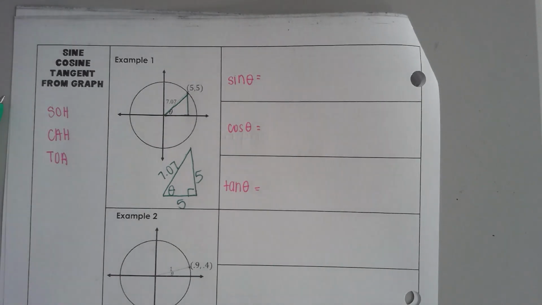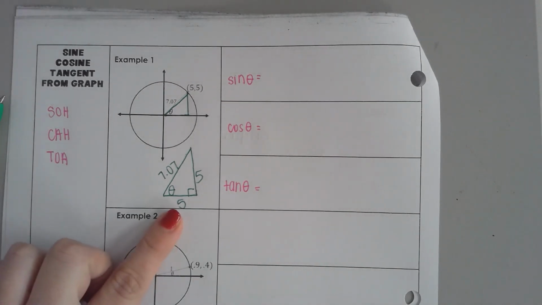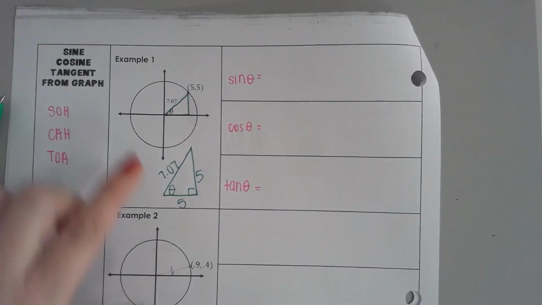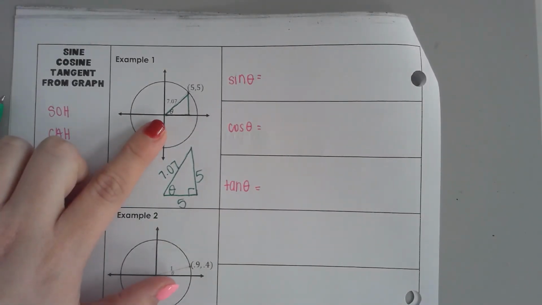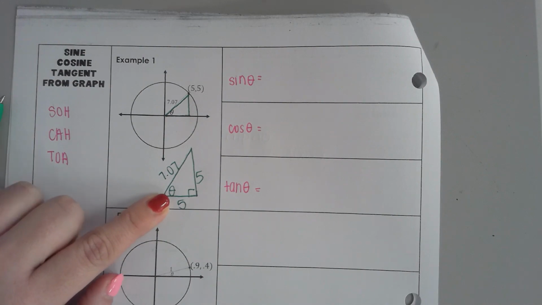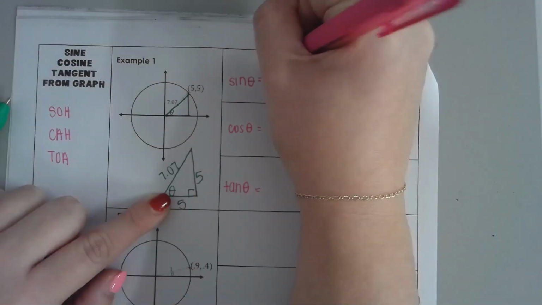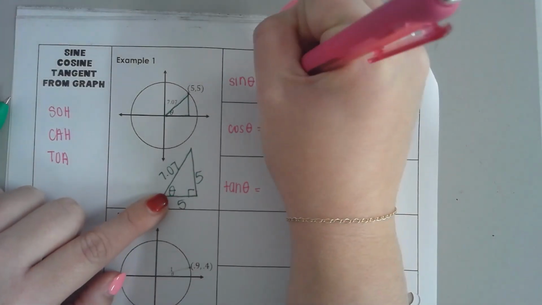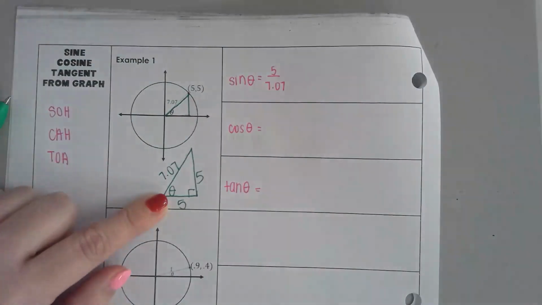What would sine of theta be? Here's my angle. Sine is O over H. Yep, 5 over 7.07.